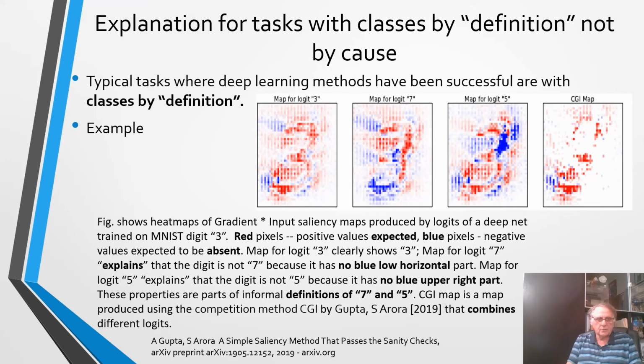There is no cause here. The example which we see here shows the digit 3, with heat maps produced by the gradient multiplied by input saliency map, produced by a deep learning neural network for digit 3.